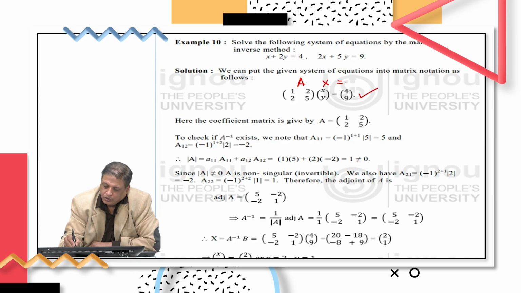Wherein this system Ax is equal to B is to be solved, where A is equal to 1, 2, 2, 5, and the cofactors of the matrix A are A11, which is 5, A12, which is -2.